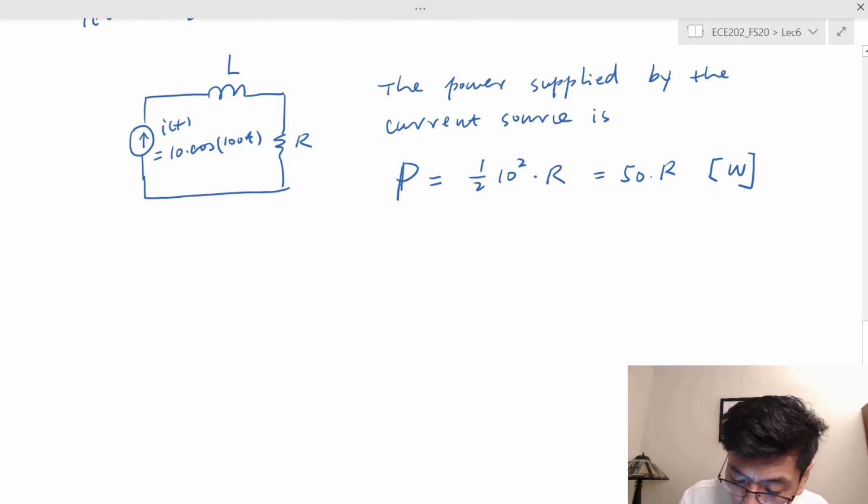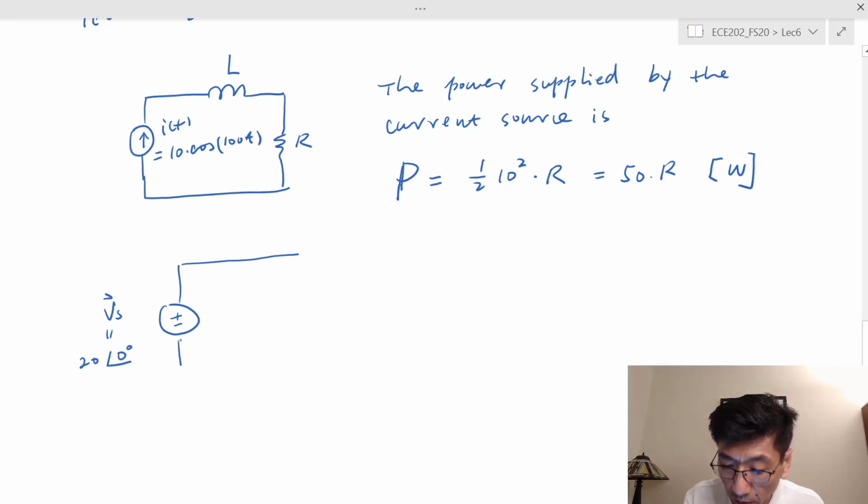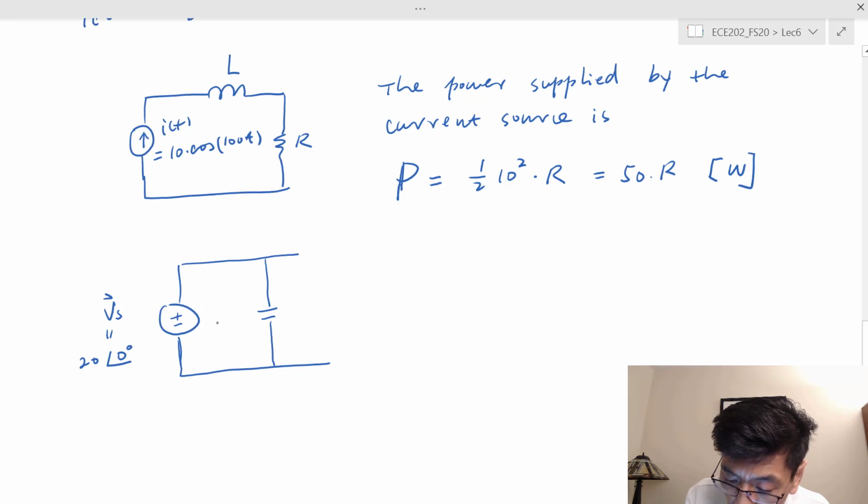Let's look at another example. Suppose I have a voltage source Vs given as a phasor, equal to 20 volts. The phase angle is not really critical. I have a capacitance with impedance equal to negative 5j.